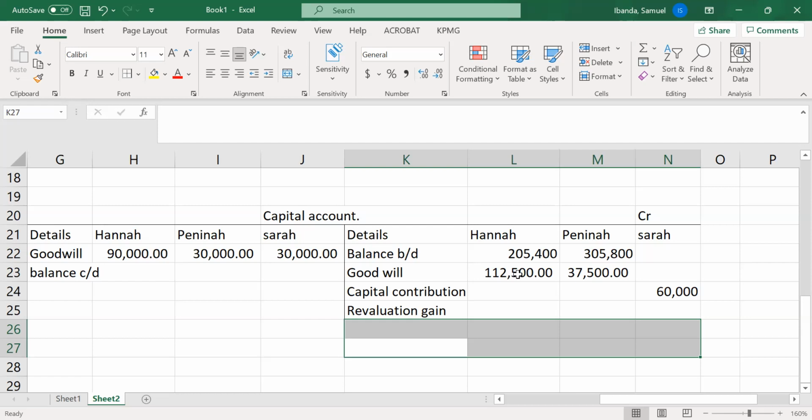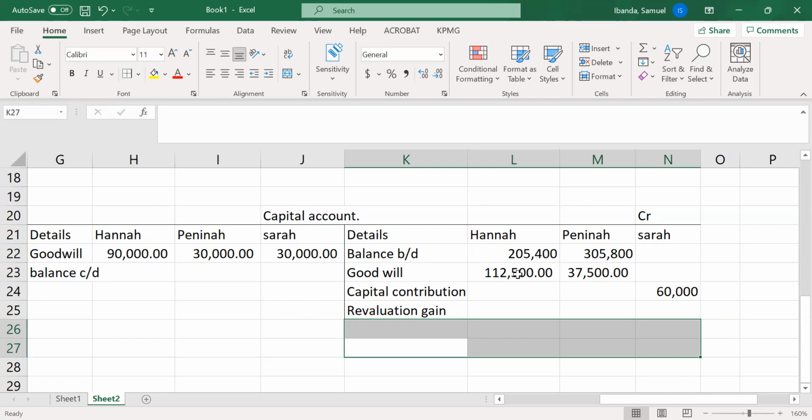In the capital account, because goodwill was written off, like the example we are using here. So if we are to write off the value that was credited wrongly, it means we shall debit it again, if that is what I'm thinking.